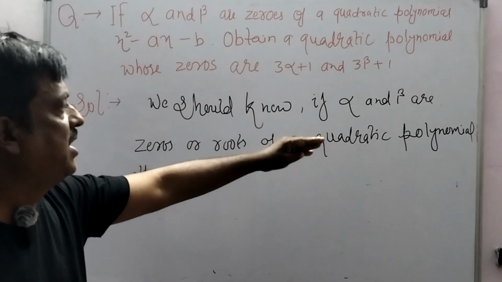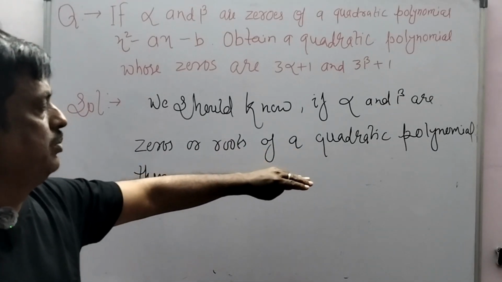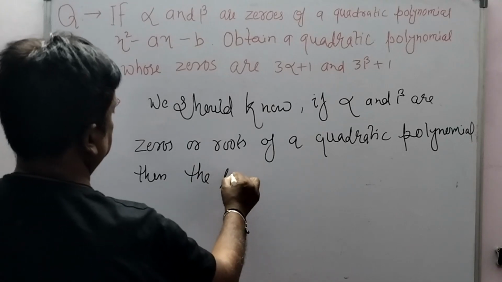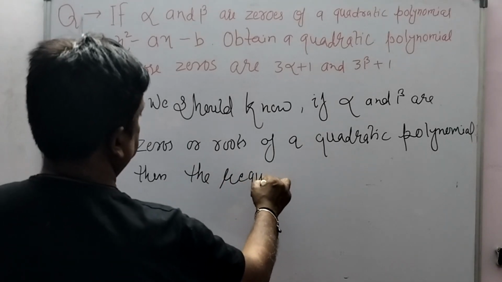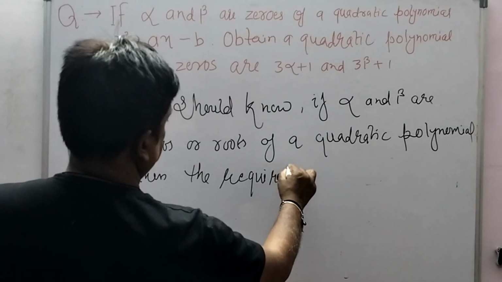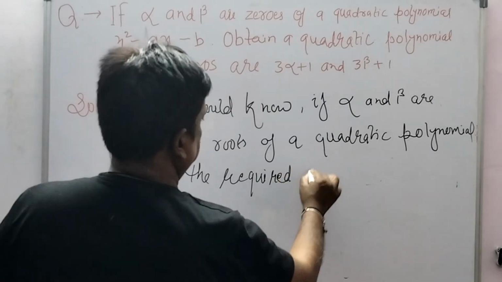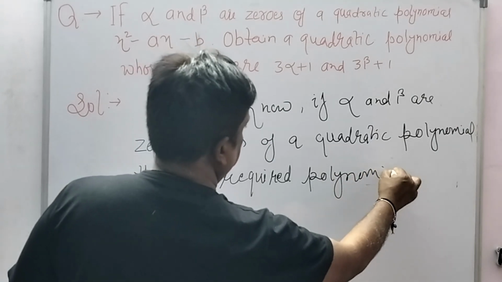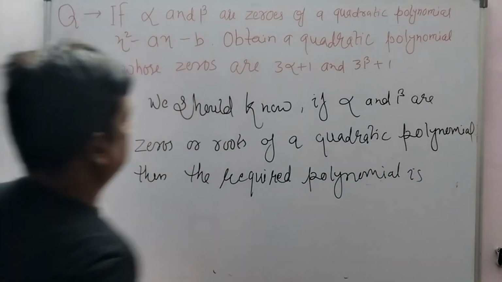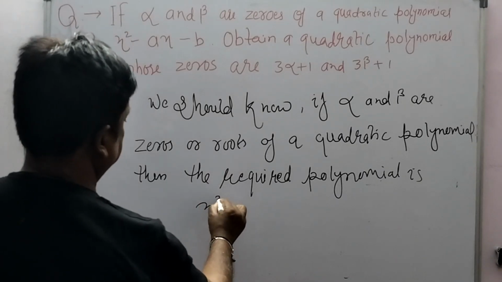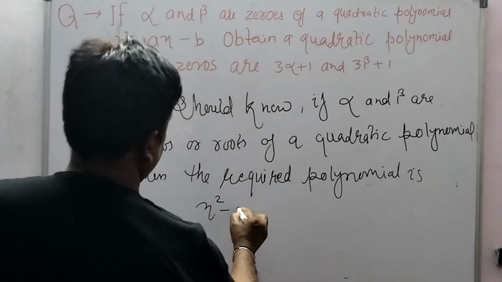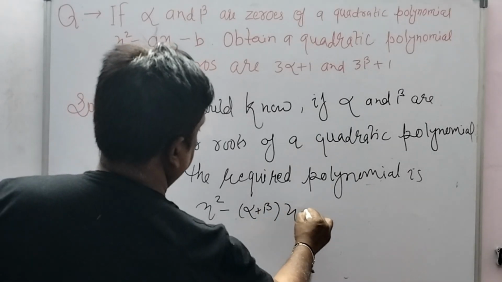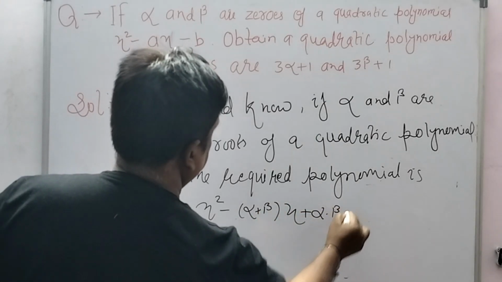If alpha and beta are the zeros or roots of a quadratic polynomial, then the required polynomial is x square minus alpha plus beta x plus alpha into beta.